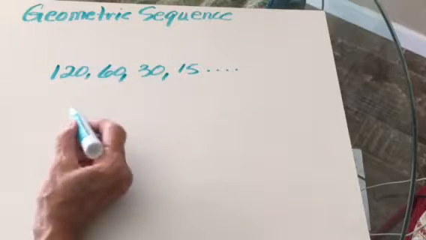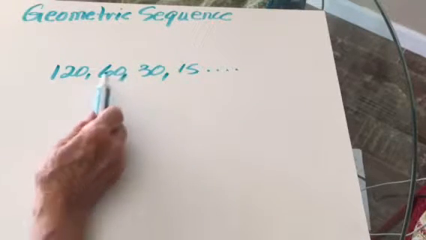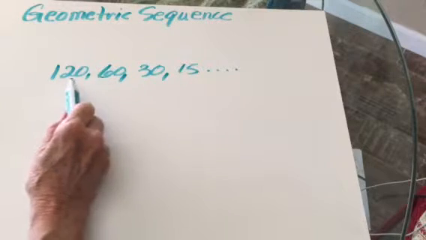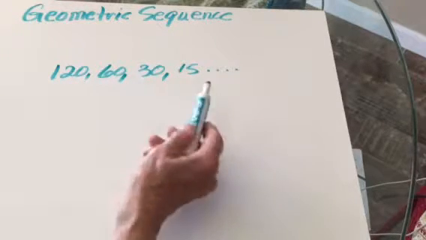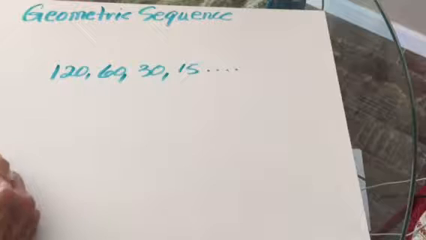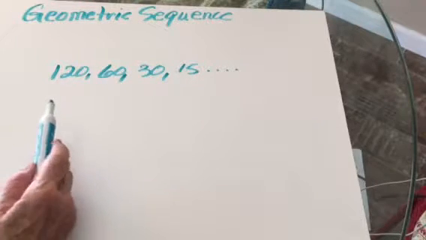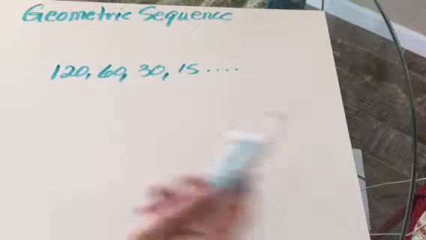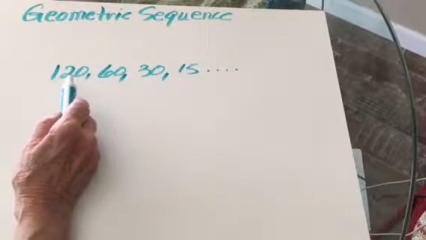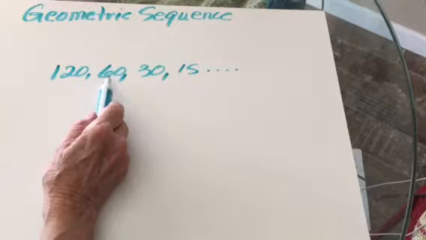Well, it's not arithmetic. You might start off thinking, oh, it's minus 60, but then 60 minus 60 is 0, so it's not arithmetic at all. But you have to find out, is it geometric? Because it might not be. So then you can say it's neither one. But how do I get from 120 to 60?